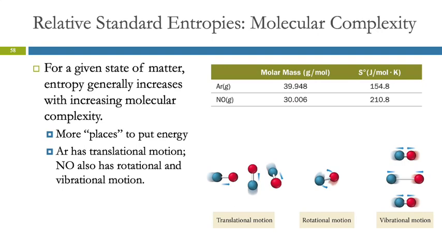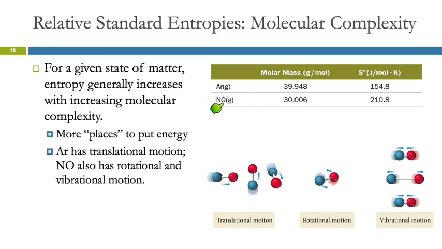If we look at molecular complexity, entropy will increase as molecular complexity increases. We can demonstrate this by making a comparison between these two. Their molar masses are close, so we're not expecting a big difference in entropy because of that.